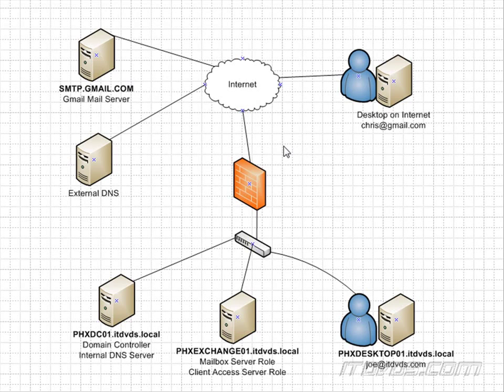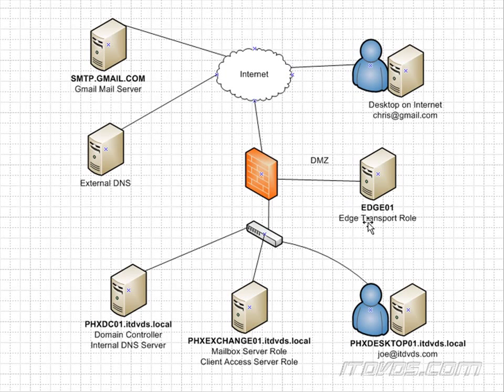Now, for simplicity's sake here, I had mail going directly to our Exchange server that had our mailbox server role and client access server role. Normally, we would have an SMTP gateway, or if we want to use Exchange, we would have a server with the edge transport role running.